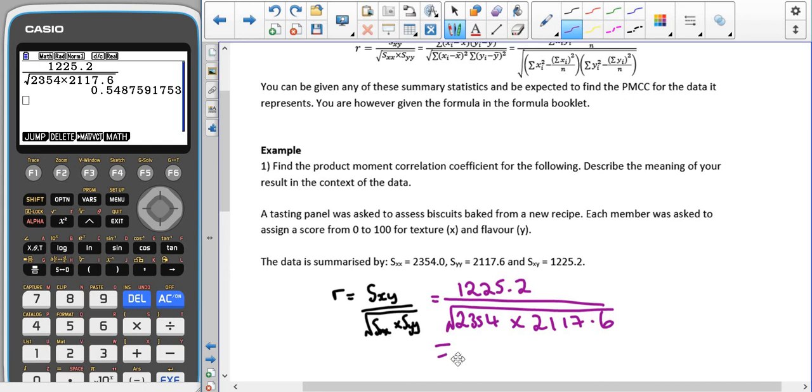A good way to check that we have entered this almost correctly at least is it between -1 and 1? Remember, that's what PMCC goes between, and yes, it is.